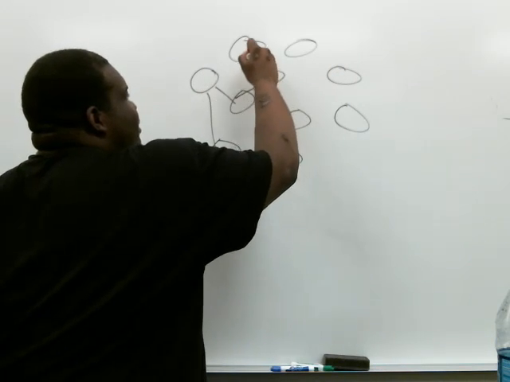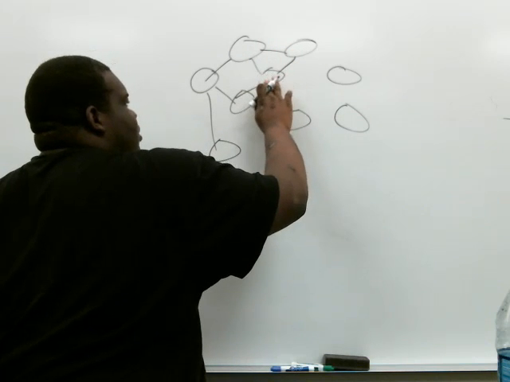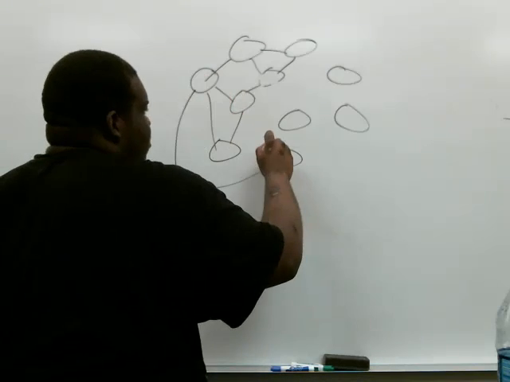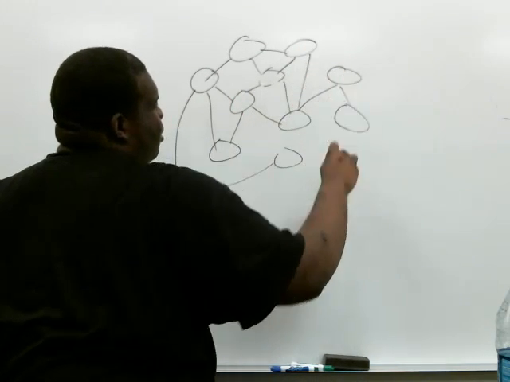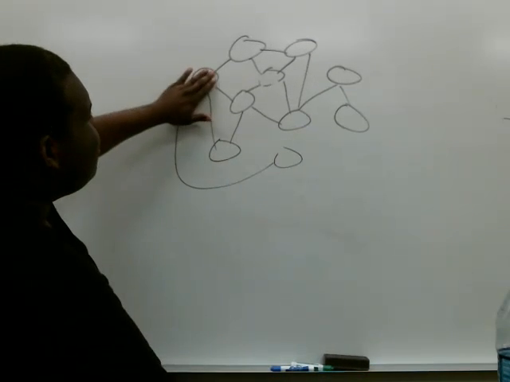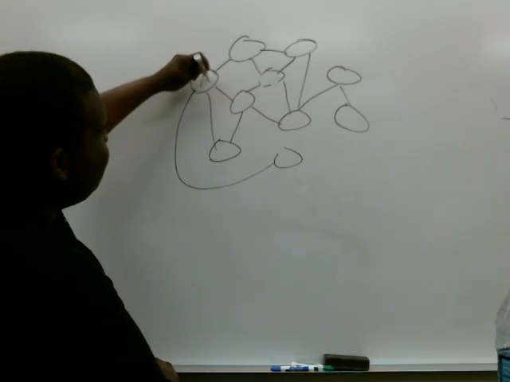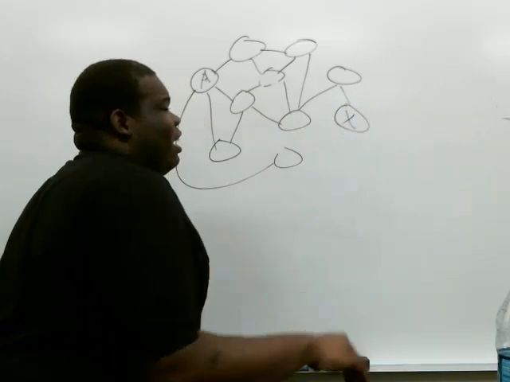Some edges, good old edges. So this is like a maze with graph locations. Let's say this is A, and you wanted to find your way all the way to X.